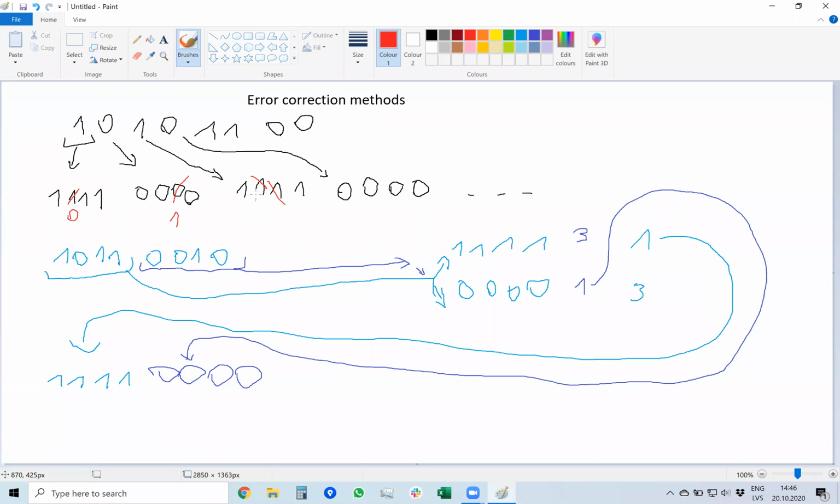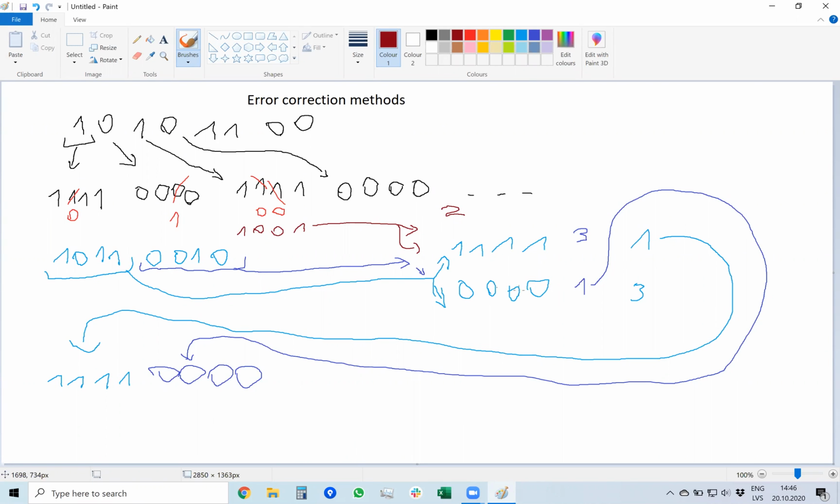During the transmission, 2 bits are damaged, some electromagnetic interference, and 2 bits change to 0 0. Here the problem is that since the receiver received 1 0 0 1, in this case, it compares it to the two available possibilities, and the distance, or difference, between 1111 and 1001 is 2.